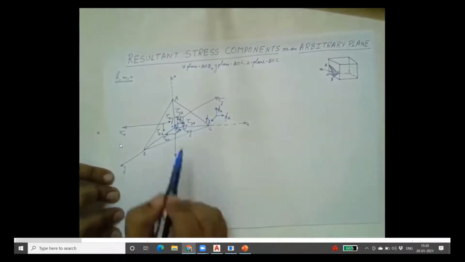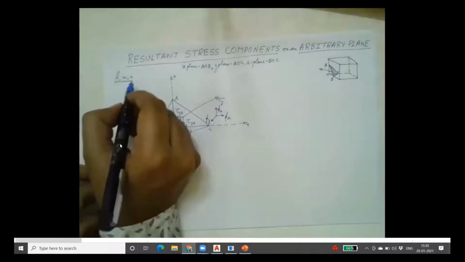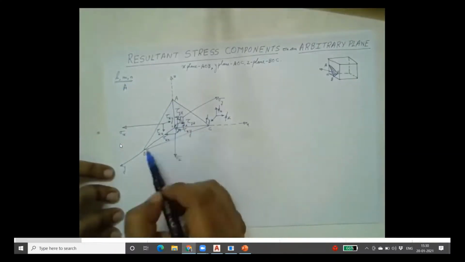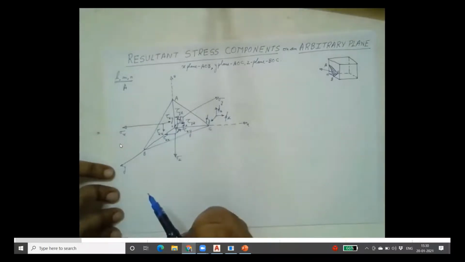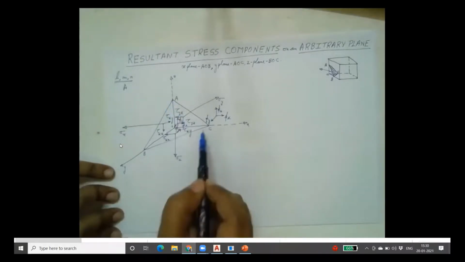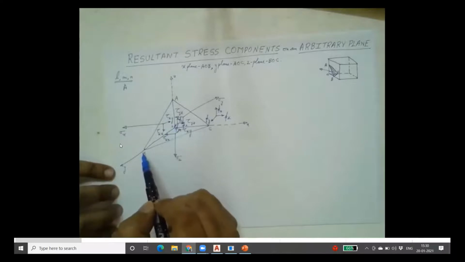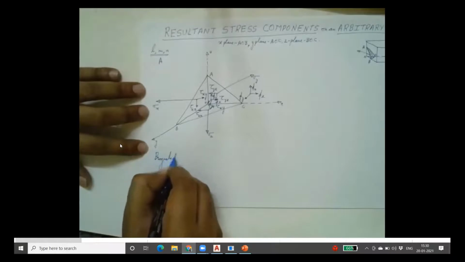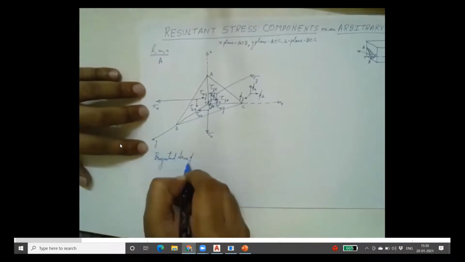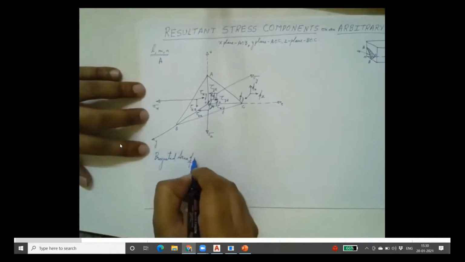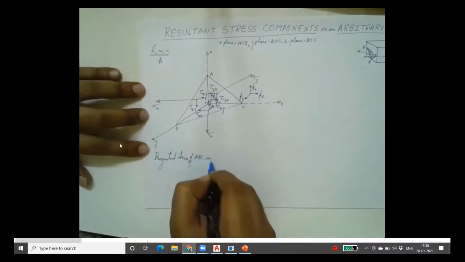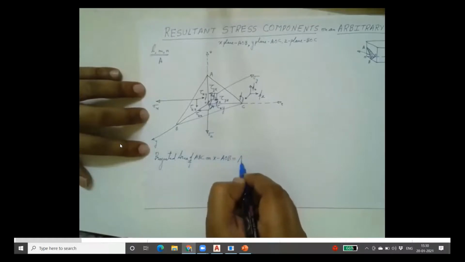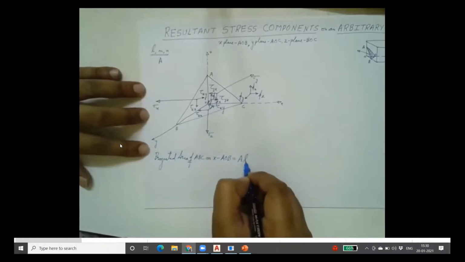Now, if I assume the area of plane ABC as A, then what will be the projected area of ABC on XYZ planes? So when I project plane ABC on x plane, it will be area AOB. So projected area of ABC on x plane means AOB is equal to area of ABC, that is A into the direction cosine of x plane.